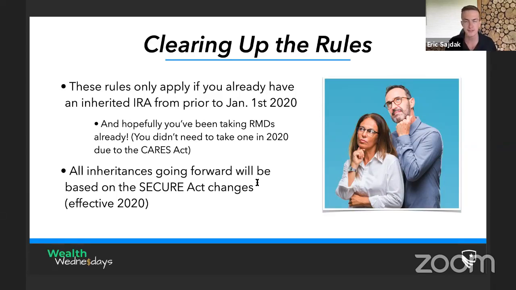So it doesn't have to be as confusing as going through each of these steps, but you should have already been receiving those RMDs. Just know you didn't need to take one in 2020. So if you missed it in 2020 or you intentionally didn't take it, you didn't have to. All inheritances going forward will be based on the Secure Act changes.